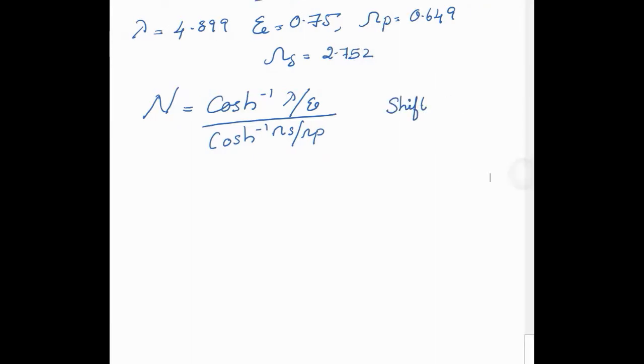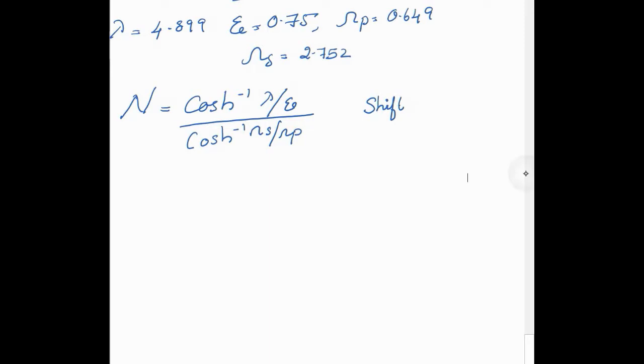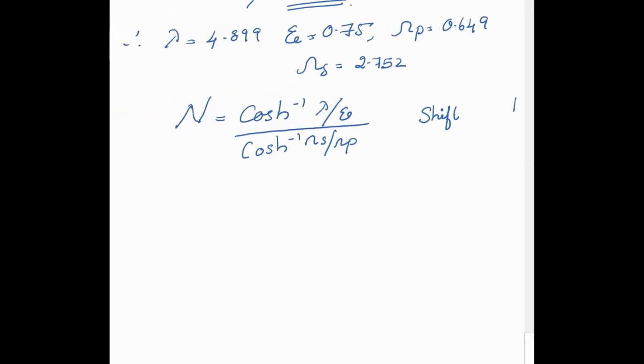You can press shift and you have a value called HYP. Shift, HYP, cos, you will get cosh inverse. So this is how you have to take it in a calculator.